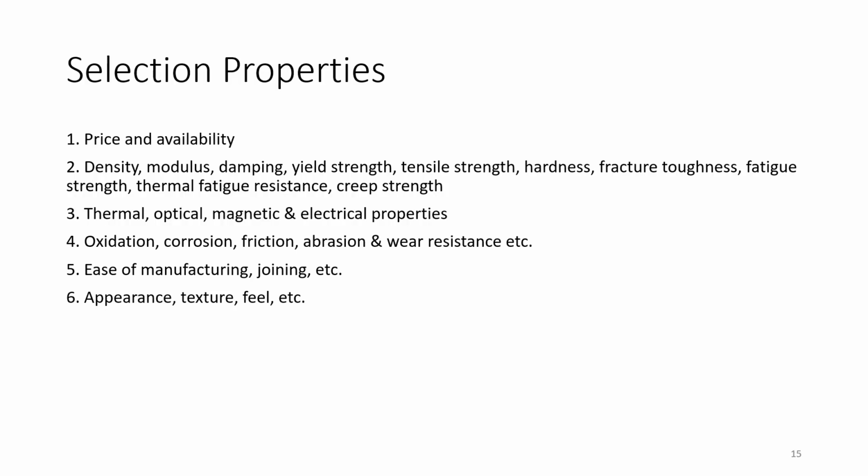Ease of manufacturing and joining. So some of these steels are easy to join depending on their composition. So those materials are preferred when your material is more likely to fracture and it may require some welding, then you choose those type of steels. Appearance and texture and feel, these also come into picture.